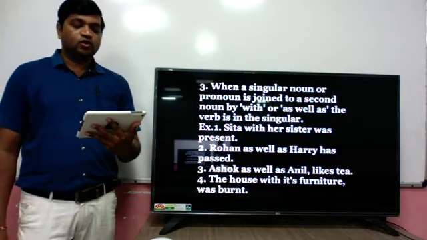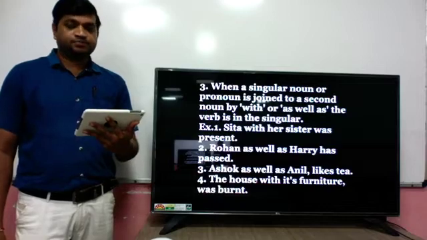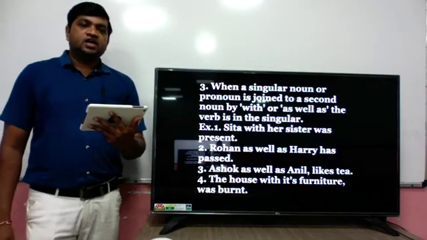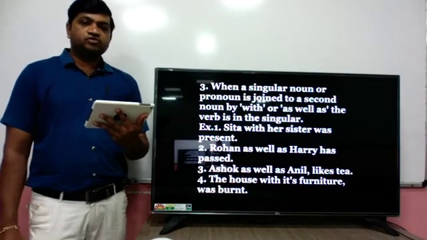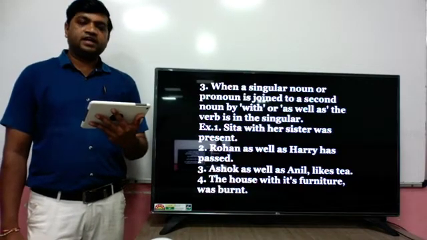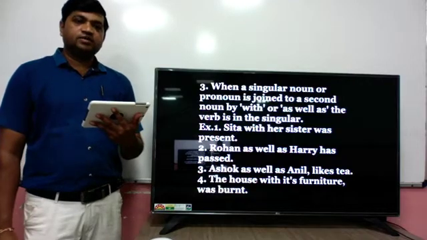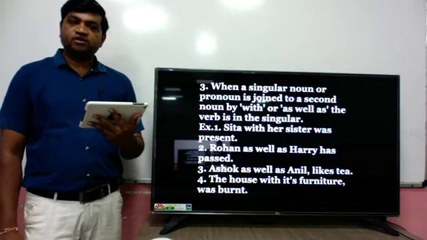For example, Rohan as well as Harry has passed. Here, Rohan and Harry, but between them we use "as well as". So Rohan and Harry are considered as a singular noun, and "has" is a singular verb.